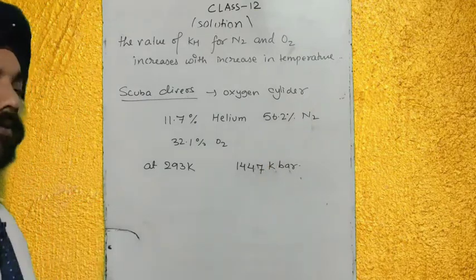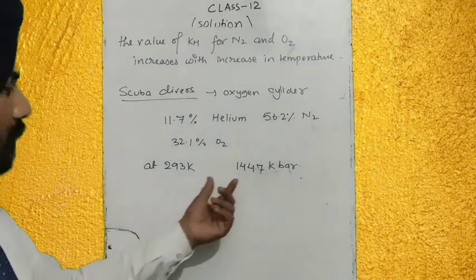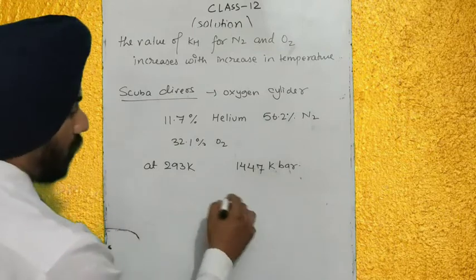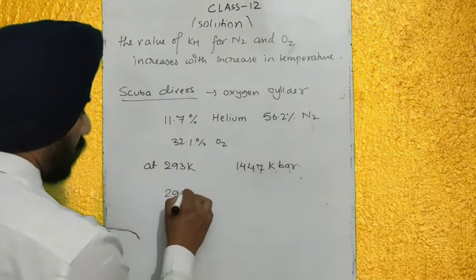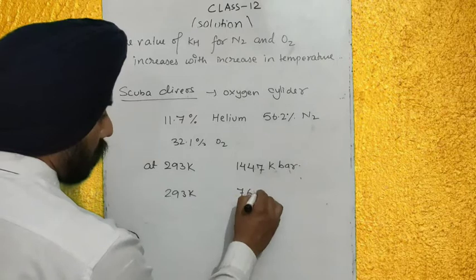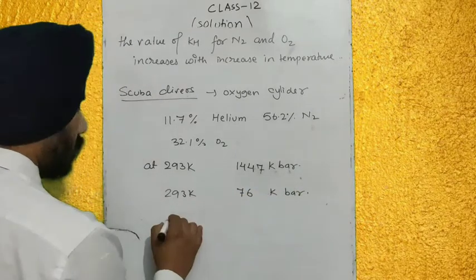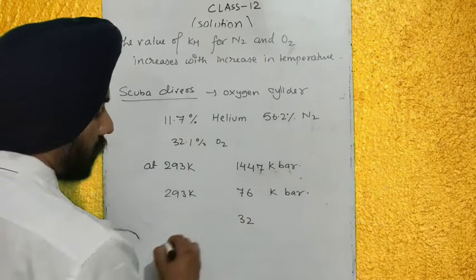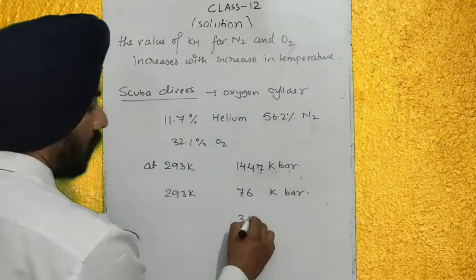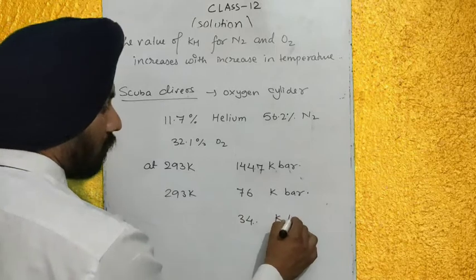Okay, it is kilobar. So its value is very high, whereas of nitrogen, at 293 Kelvin, it is 76 point something kilobar. And of oxygen, it is 34 point something like that.